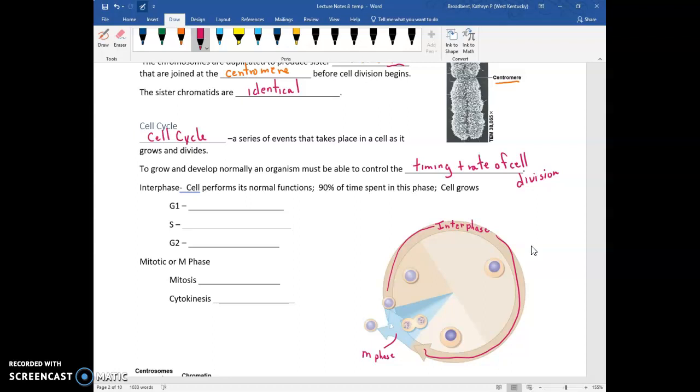G1 is the first gap. S stands for synthesis, and this is where the DNA is copied. So this is G1, and this is the S phase while the DNA is being copied, and this then is our second gap phase.